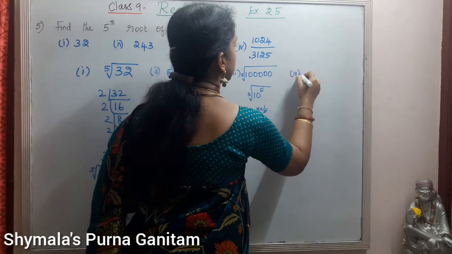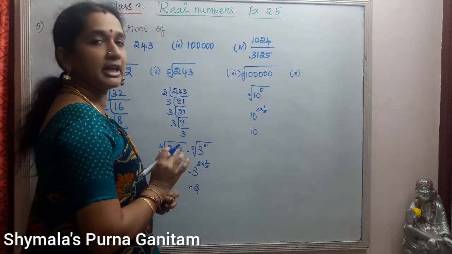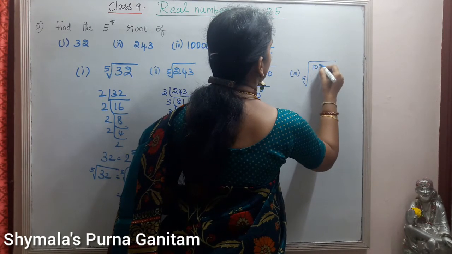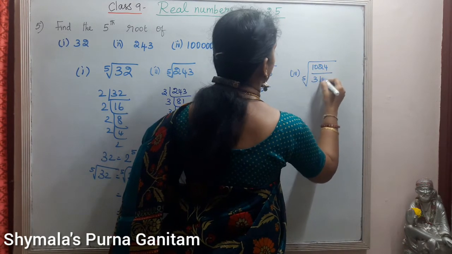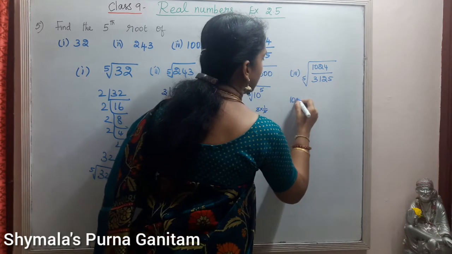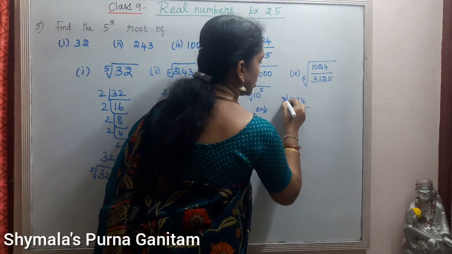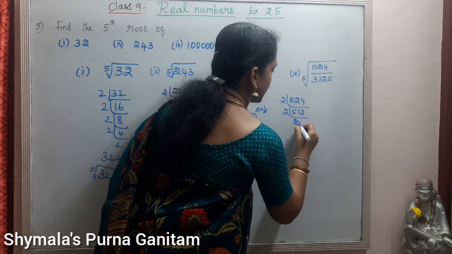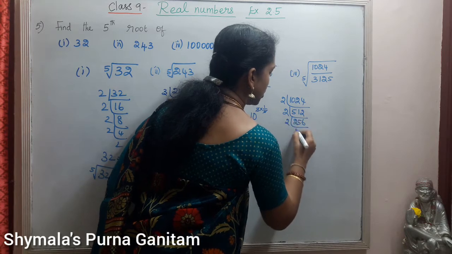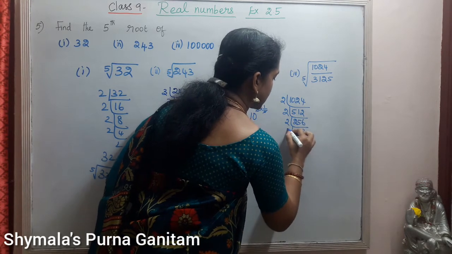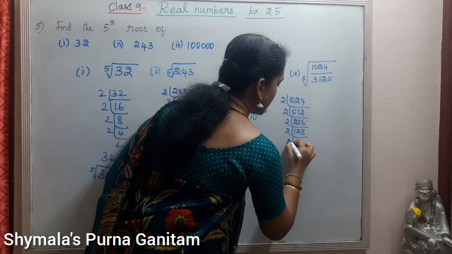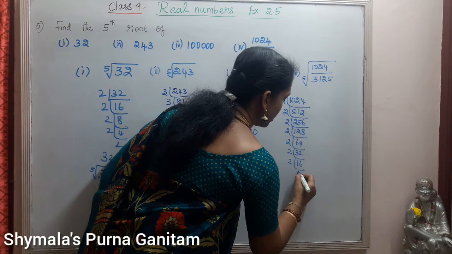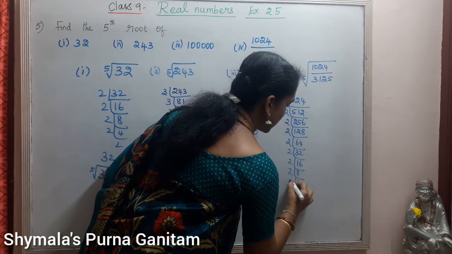Then the fourth one is 1024 divided by 3125. That is the fifth root of 1024 divided by 3125. So we will find the factors of this. 2 5s are 10, 2 1s are 2, 2 2s are 4, 2 8s are 16, 2 64, 2 32, 2 16, 2 8, 2 4, 2 2.